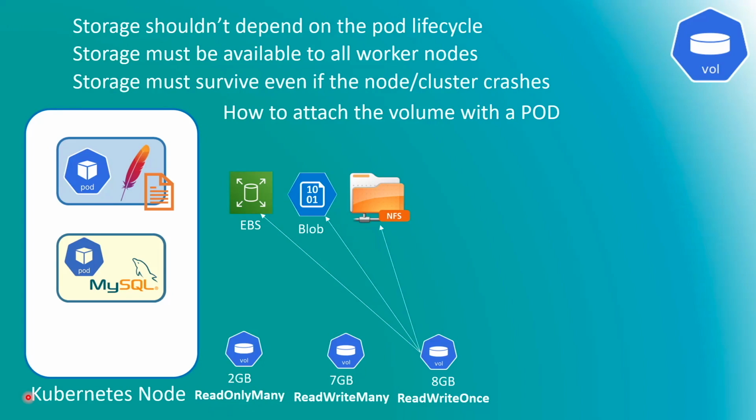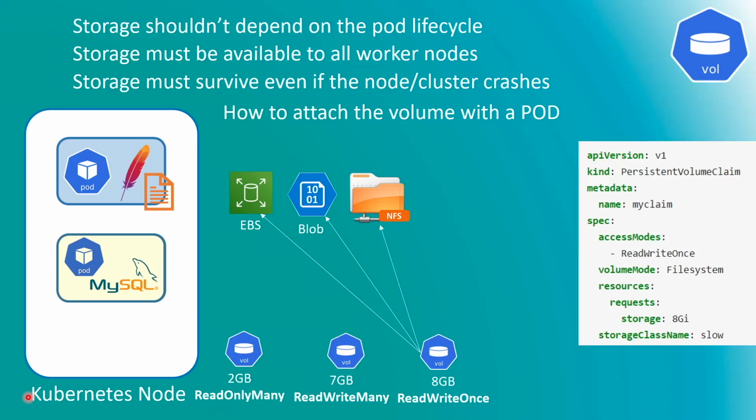The next question is how to attach this persistent volume to a Kubernetes pod. And the answer is we can't directly use a persistent volume in the pod. To attach this volume to a pod, we need a persistent volume claim. A persistent volume claim is another Kubernetes resource where we configure how much storage our pod needs.